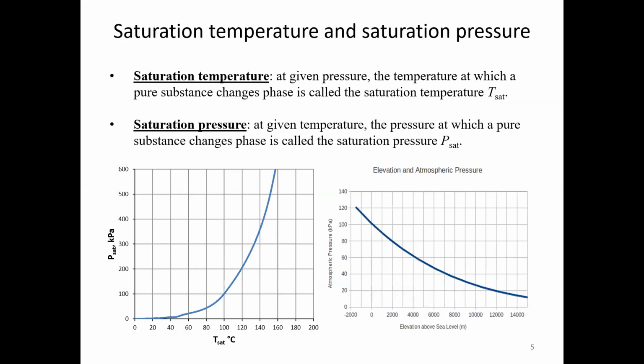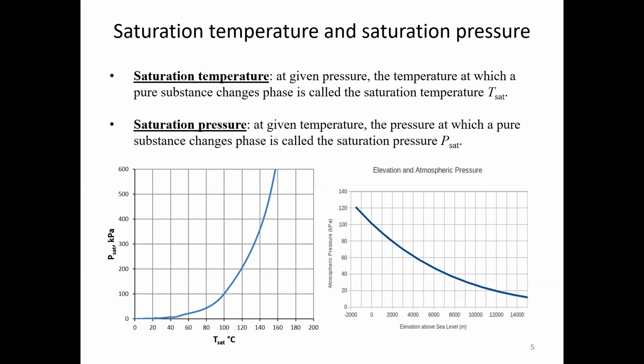All right. Just to give you an idea about the change in saturation temperature, which is the boiling temperature. We said that when we say saturation, it means boiling temperature at a certain pressure. So the saturation temperature, or boiling temperature, changes with the atmospheric pressure.